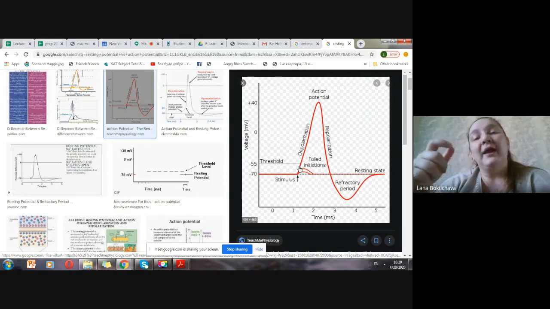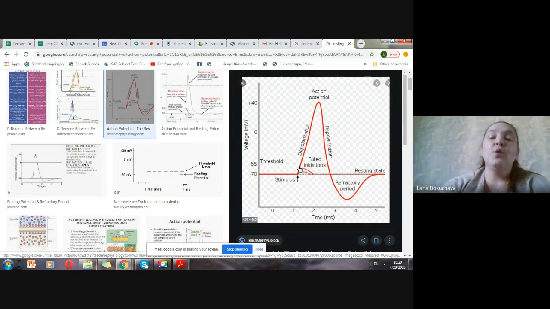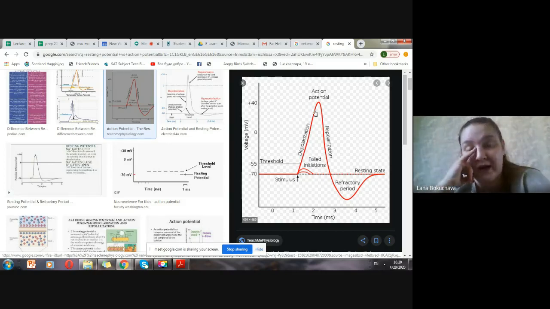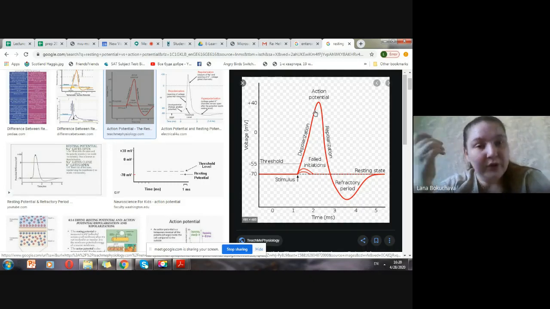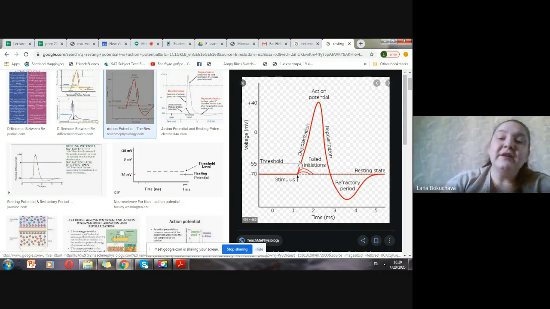It becomes closer to zero, so more electropositive. As it comes approximately to minus 55, in a fraction of a second we have the change of the whole plasma membrane potential from the resting one towards the positive one, so towards the action. And that's what we call the depolarization.